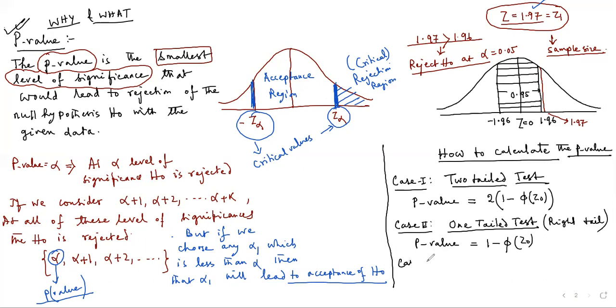And the last case is case 3: a one-tailed test is being considered and you are interested in the left tail, then the p-value is calculated by phi of z naught.